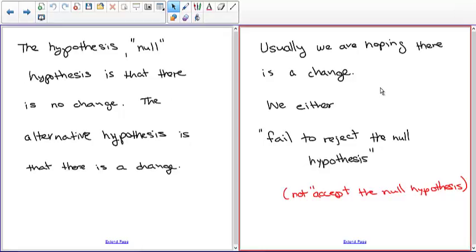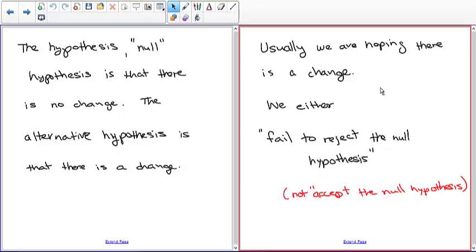Now, when you actually complete your test, you don't say, I'm going to accept the null hypothesis. There are two results. One is to fail to reject the null hypothesis, which is equivalent to accepting it. So if there's no change, we don't say we accept the null hypothesis; we say we fail to reject the null hypothesis.